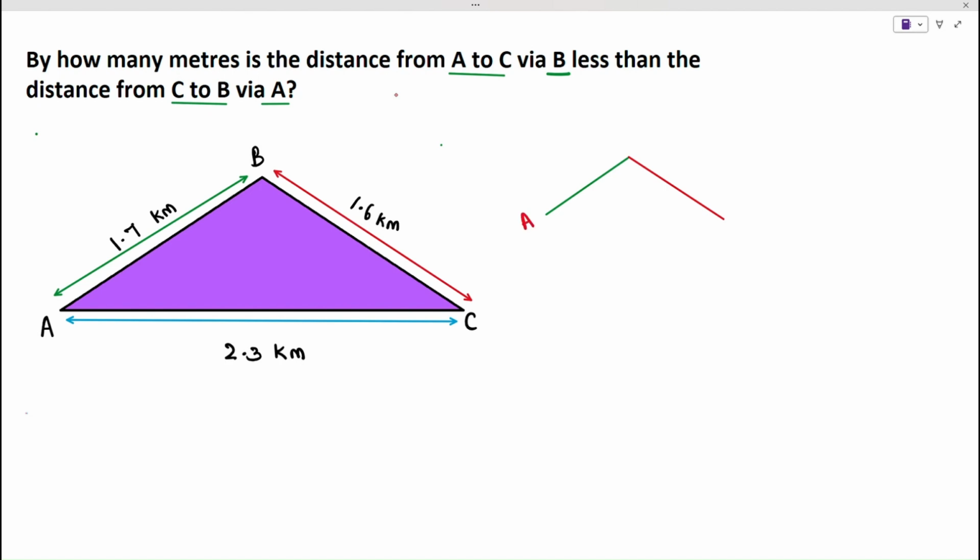And the second part will be from C to B via A. So we'll have our line from C to A, so we have to pass through A. And then we have A to B as the second part of the journey.